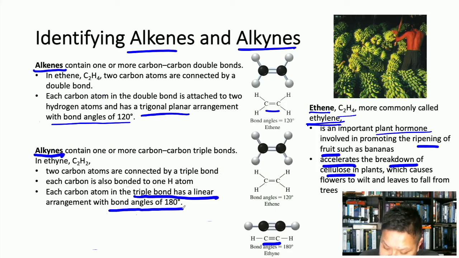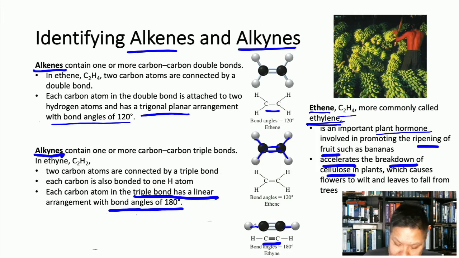And the other thing to notice about this too, on both the alkenes and alkynes, is that on the alkene, if you have a double bond between two carbons, that means that those end carbons are only going to have two hydrogens each. And then for the alkyne, a triple bond on the two carbons means only one hydrogen on each, right?